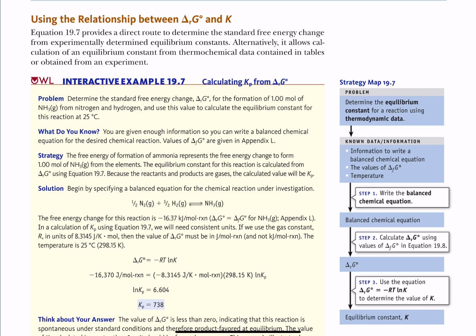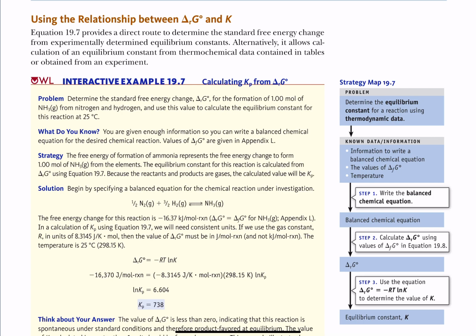You can find delta G by taking the Gibbs free energy of the products minus the Gibbs free energy of the reactants from the charts to find the overall Gibbs free energy change. We didn't have any examples of that.